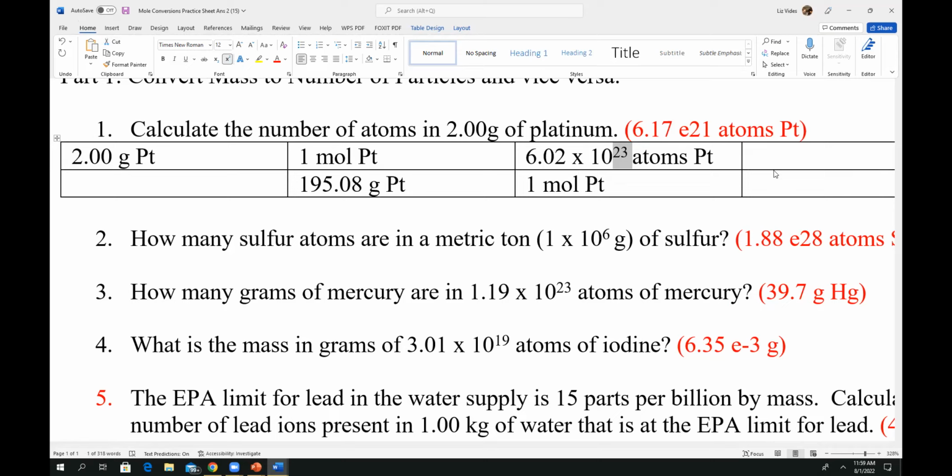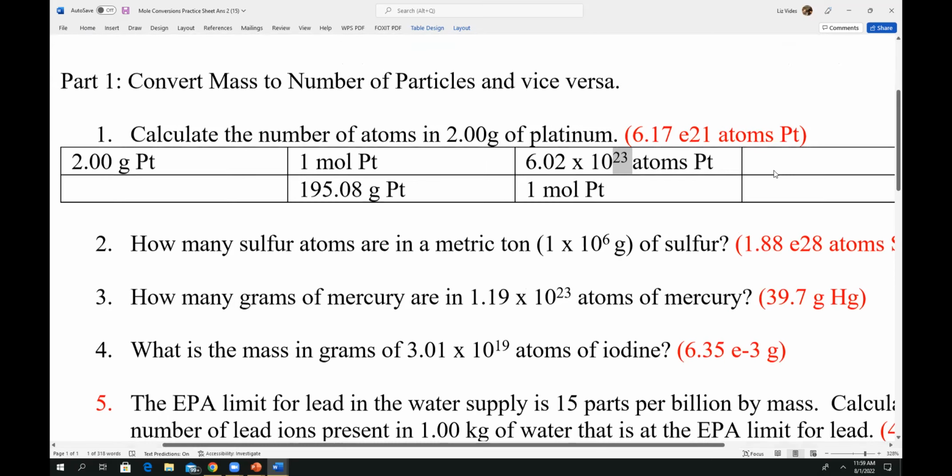And we got it, right? So clear everything, and then just do all the top multiplies and divide by the bottom. So 2 times 6.02 second EE 23 equals, and then divided by 195.08. And the answer I get is 6.17 times 10 to the 21.